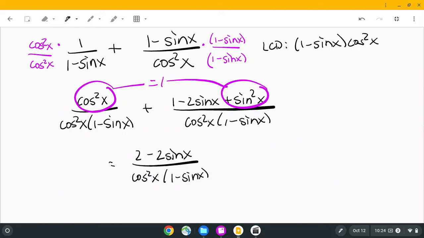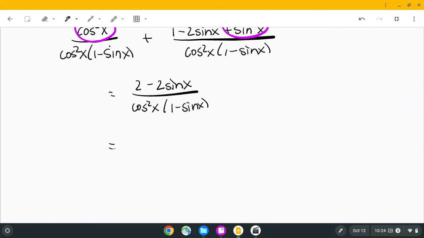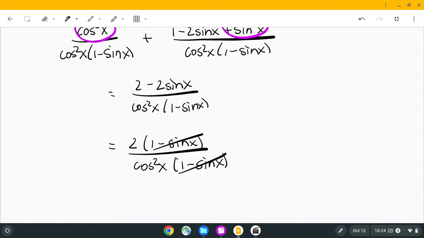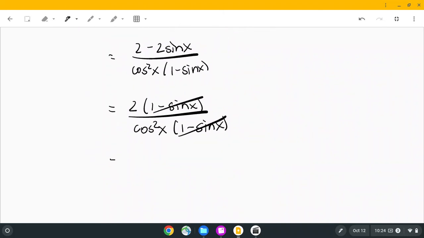Just like in the last one, I'm going to factor out the 2 in the numerator. And I get this. Now I can cancel the 1 minus sine x, and I get 2 over cosine squared.